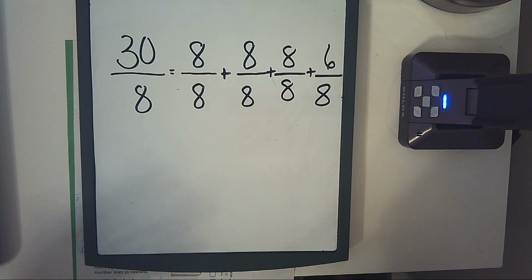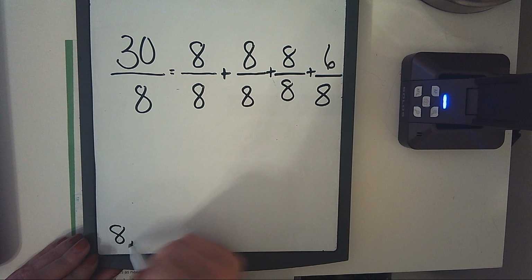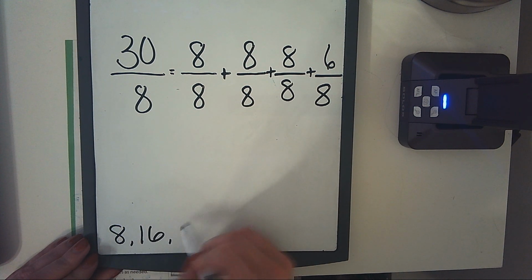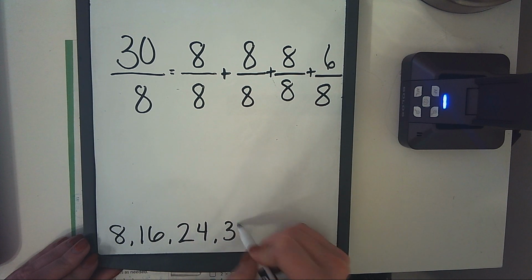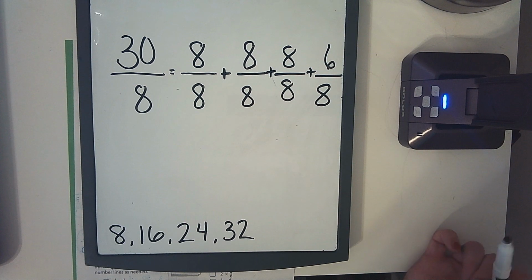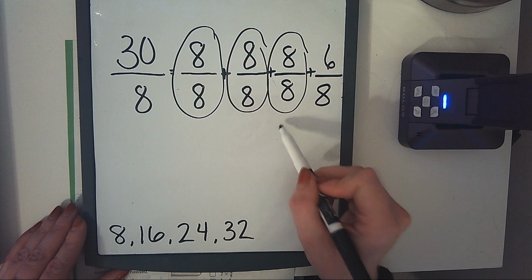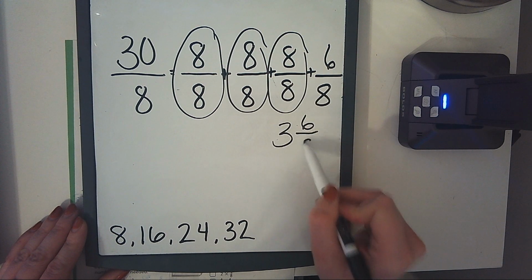But if I use my 8 skip counting, you'll see that it's the same thing that we're doing here. So I stopped at 32 because it's more than 30. Here our answer would be 1, 2, 3, and 6/8.